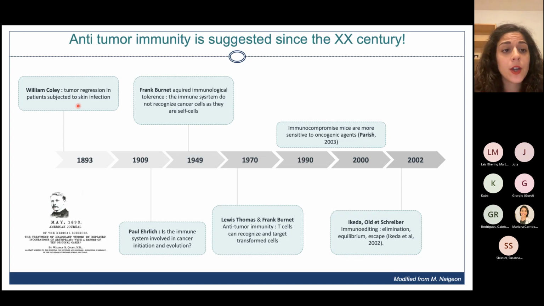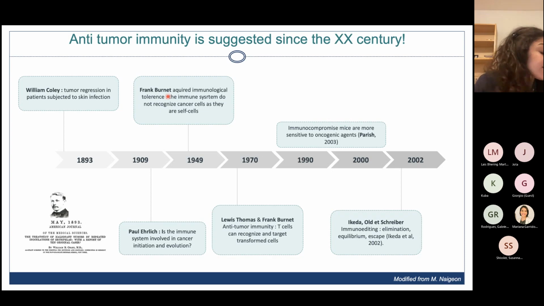This concept has been discussed by lots of scientists since a very, very long time. First, Coley described the fact that there were more spontaneous regression of the tumor when the patients were subjected to skin infection. Then Ehrlich asked if the immune system can be involved in cancer initiation and evolution. But Burnet said that actually, if we have tumors, it means that the immune system doesn't work and doesn't sense the cancer cells.